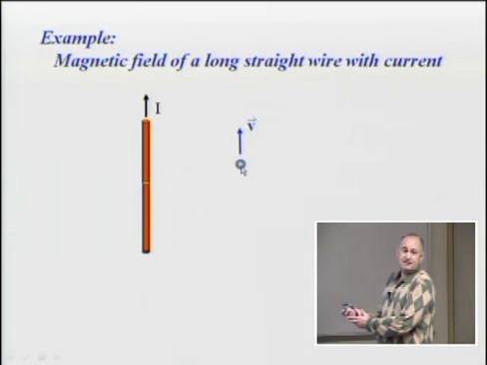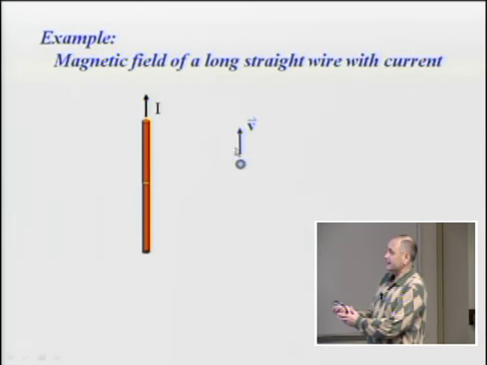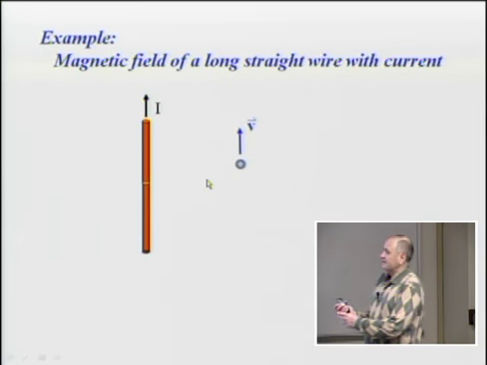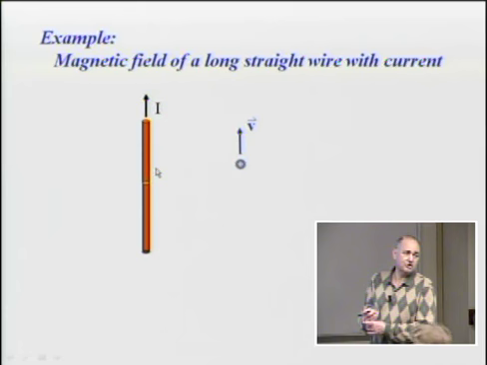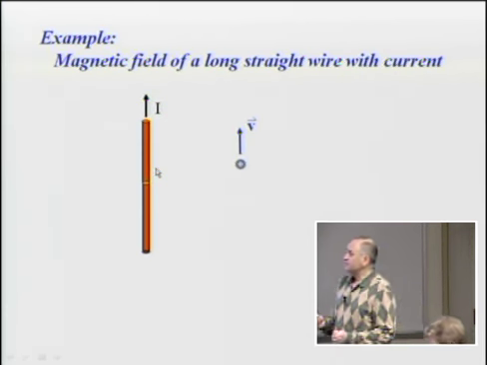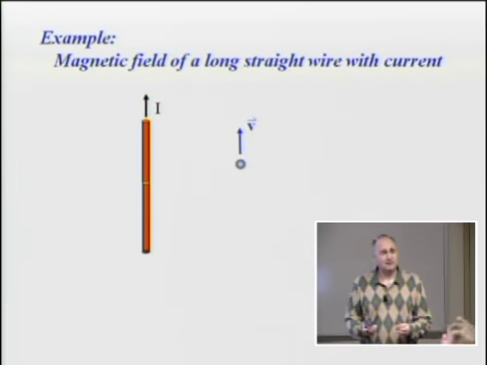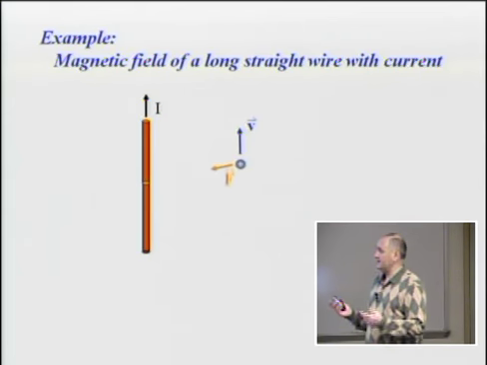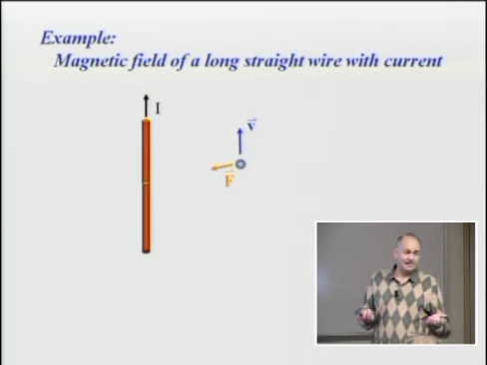Well, I can imagine, if there is a particle traveling in magnetic field, and if I take a look at the symmetry of this arrangement, I can recognize that the force has to be either inward or outward. I mean, it has to be away from the wire or toward the wire. Let's say that I pick that it's toward the wire.